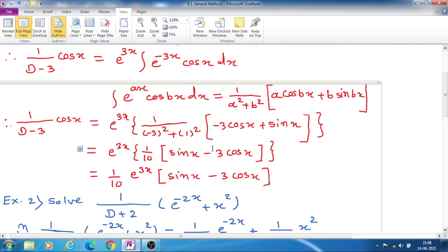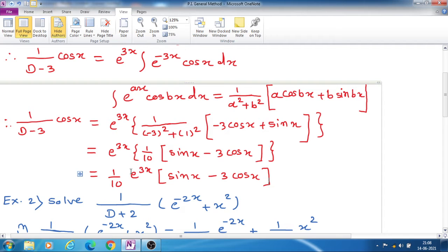Putting a and b in this formula, we have 1 upon minus 3 square plus 1 square into bracket minus 3 cos x plus 1 into sin x. The e raised to 3x is already outside the bracket.